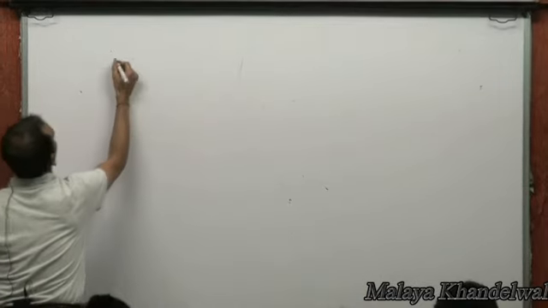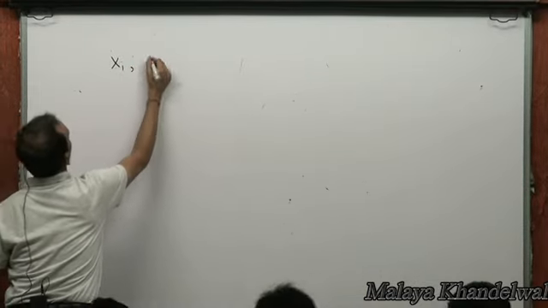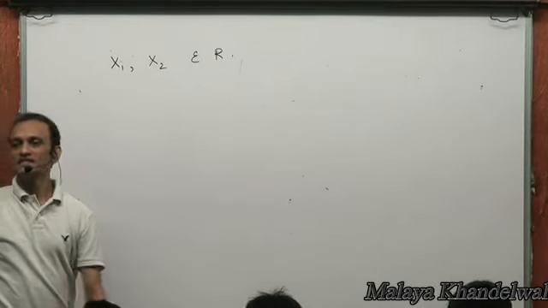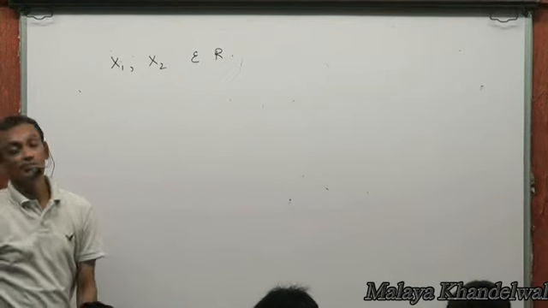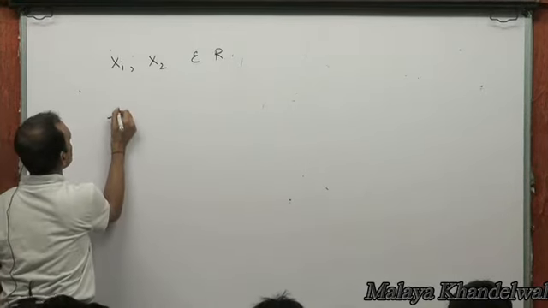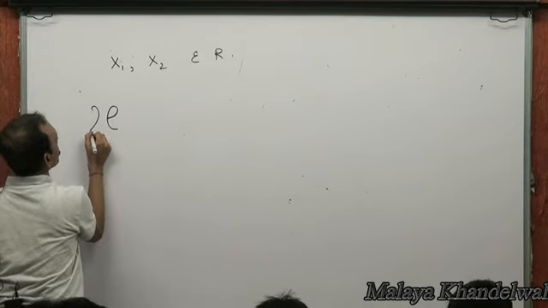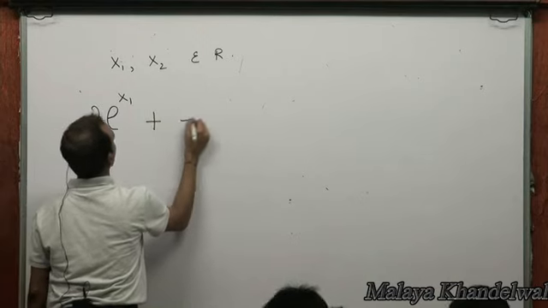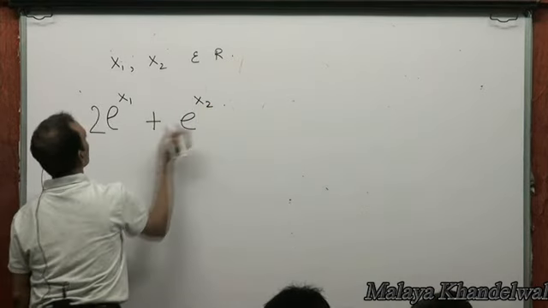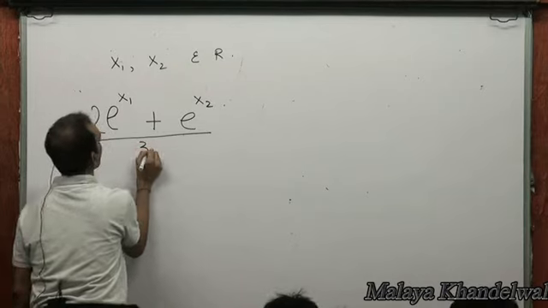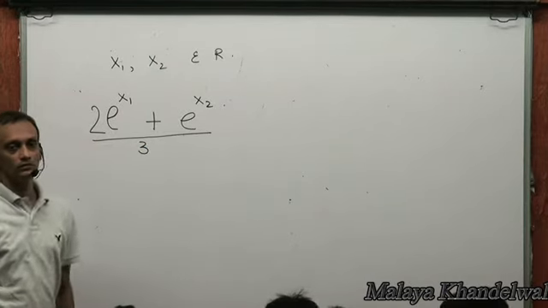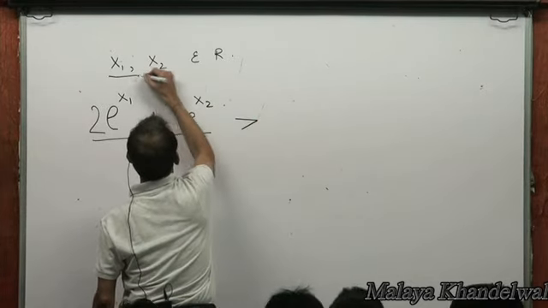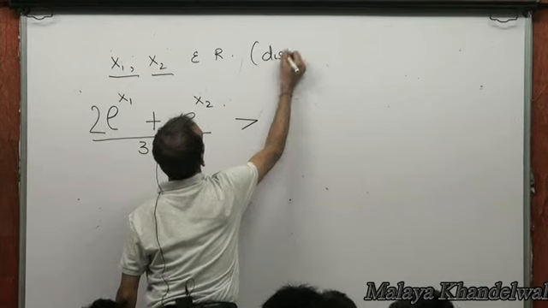Say x1 and x2 are two real numbers, okay? I want to establish, they are distinct, x1 and x2 are distinct real numbers, say.